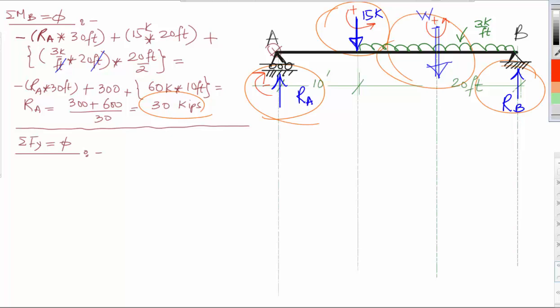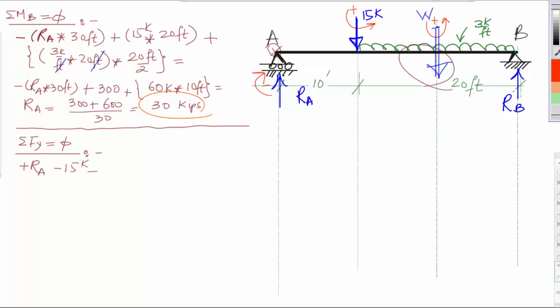So we have plus RA minus 15 kips minus WL plus RB is equal to 0.